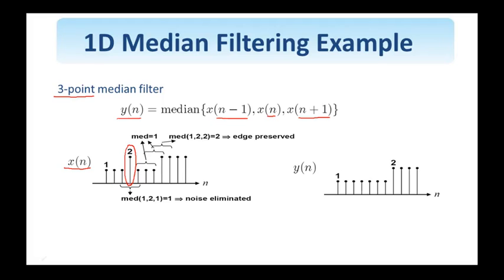So to find the output of the median filter at this location, I consider the values of the input 1, 2, 1. Their median is 1, so therefore the noise is eliminated. If I keep processing, I see easily that this perfect edge here of the input signal is finely preserved. So here is my y(n), noise is eliminated, sharp edge is preserved, and this is the main characteristic of the median filter.